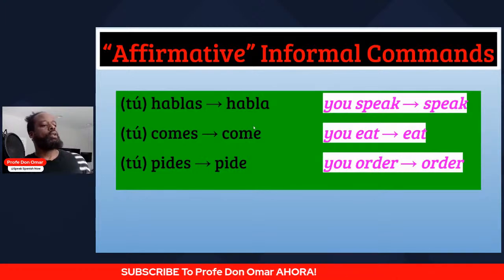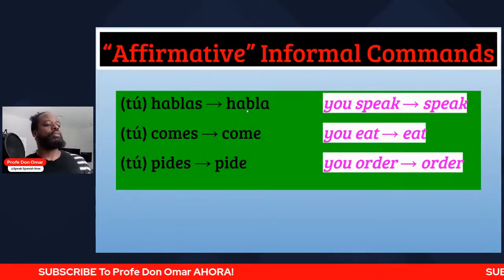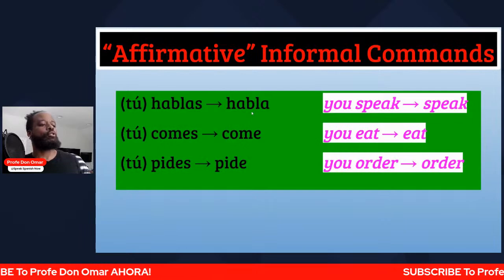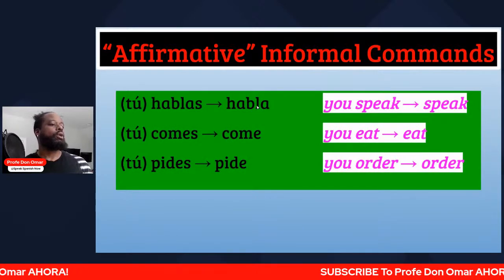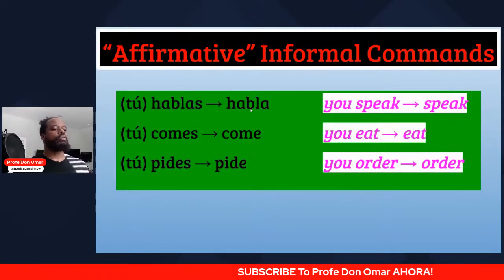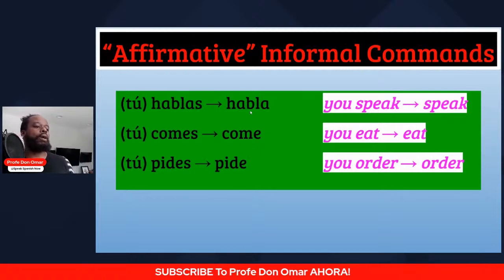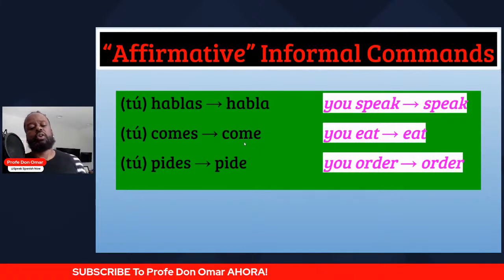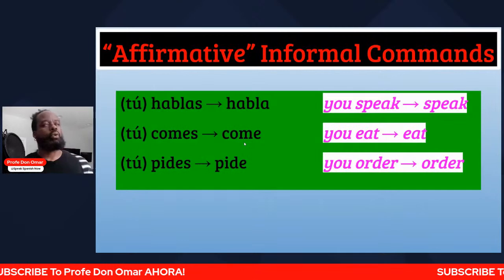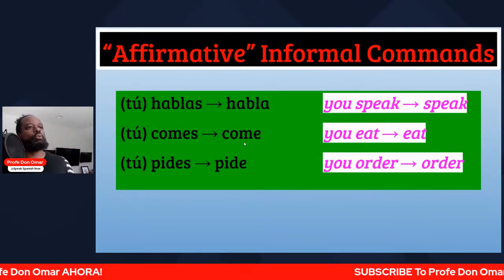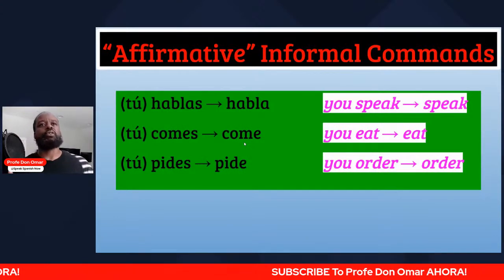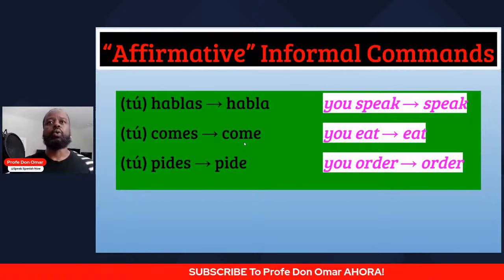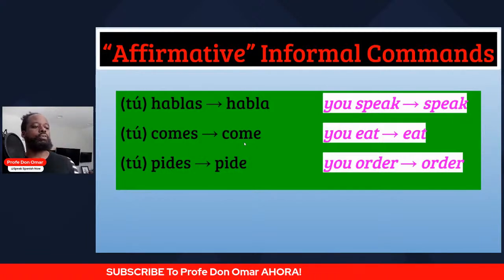Now, what we're looking at in this column right here is basically the él, ella form, la forma de él o ella, or la tercera persona, the third person singular, right? Habla, come, pide, right? So now people might say, well, how do I know if that's the command or if it's me saying he or she talks or speaks?